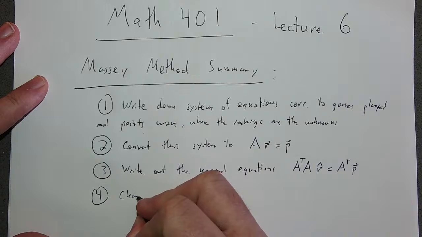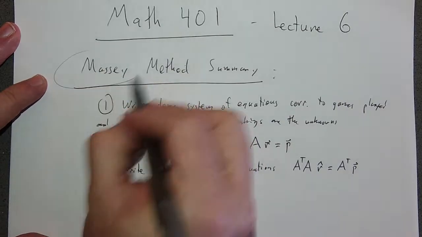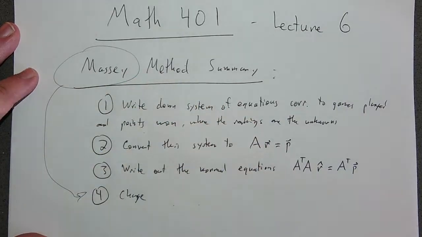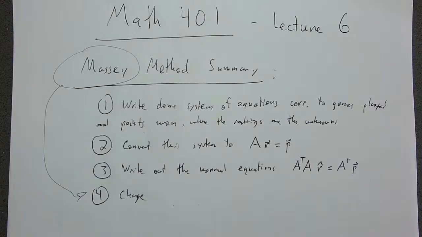This is where the Massey method comes in, because up until now this is just least squares. This is what we've been doing the whole time.